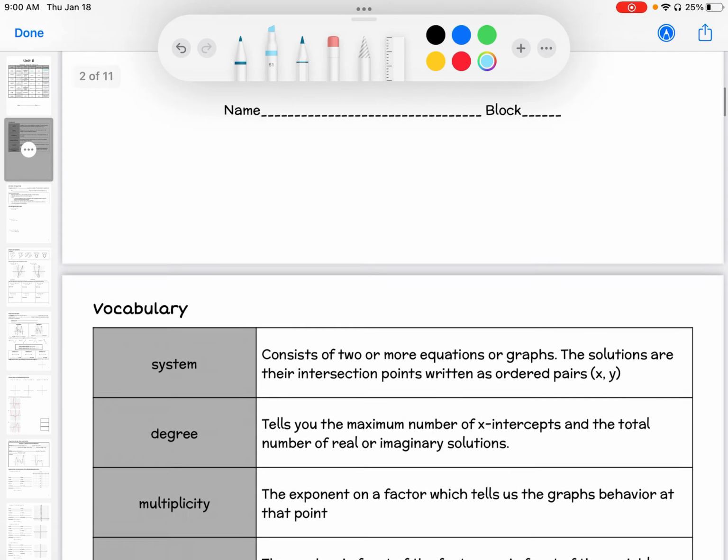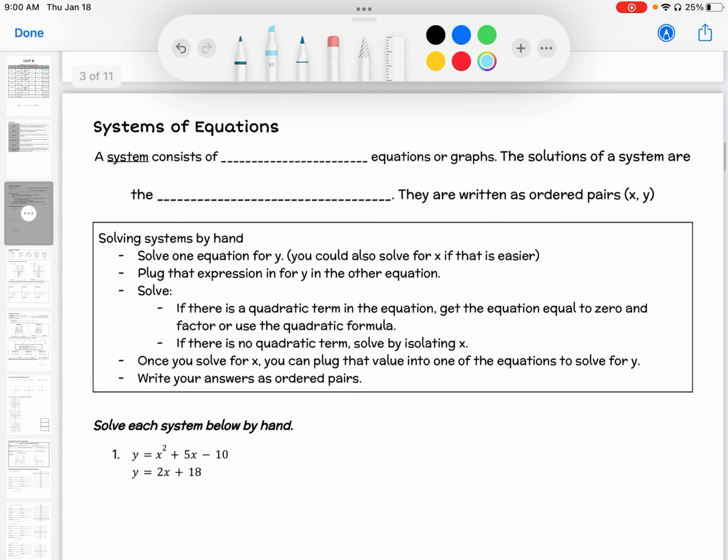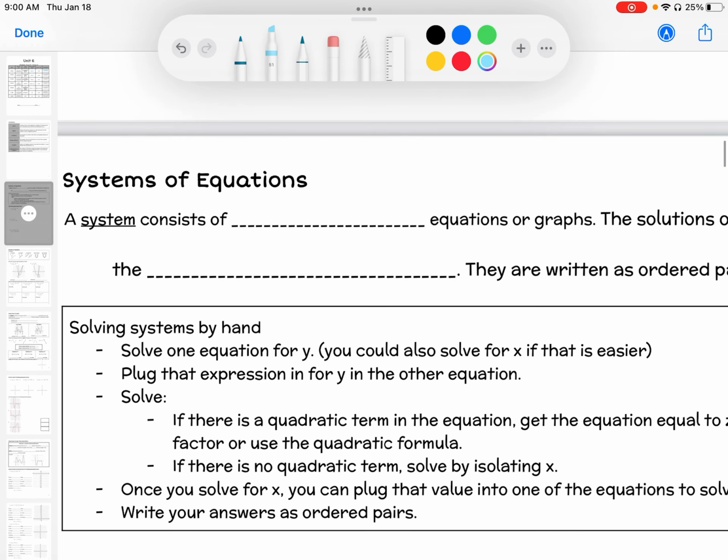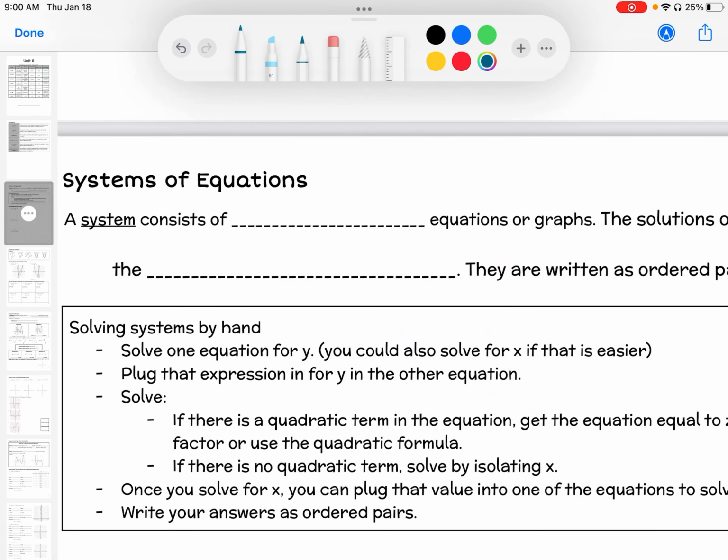Okay, so first thing, we're going to go to page 2, and we're going to talk about systems of equations. So systems of equations, y'all have talked about before. A system consists of 2 or more equations or graphs.